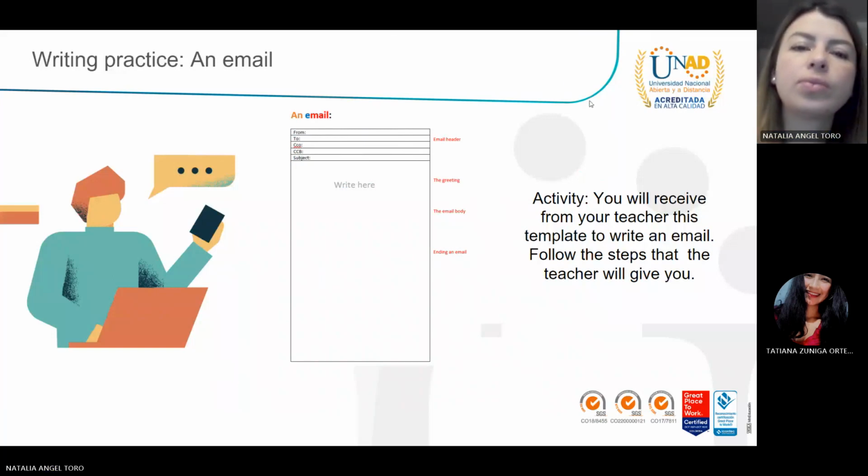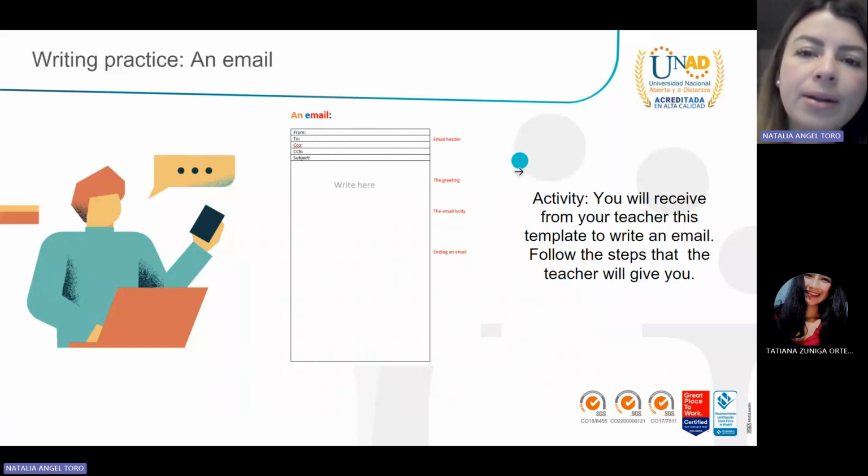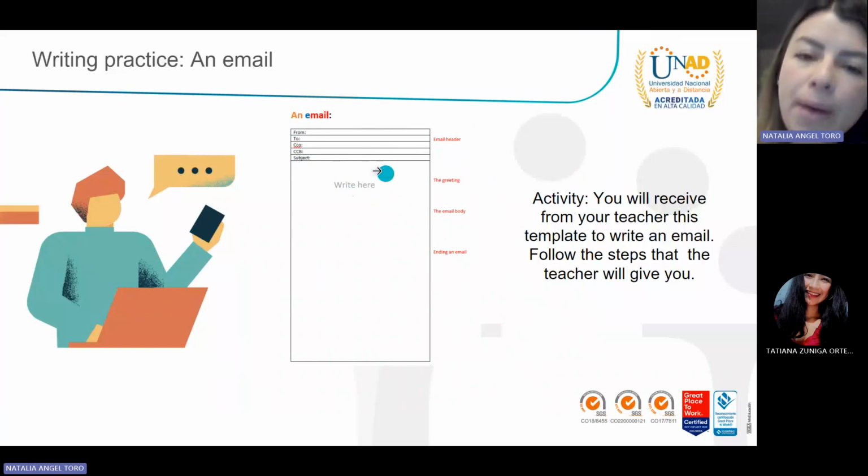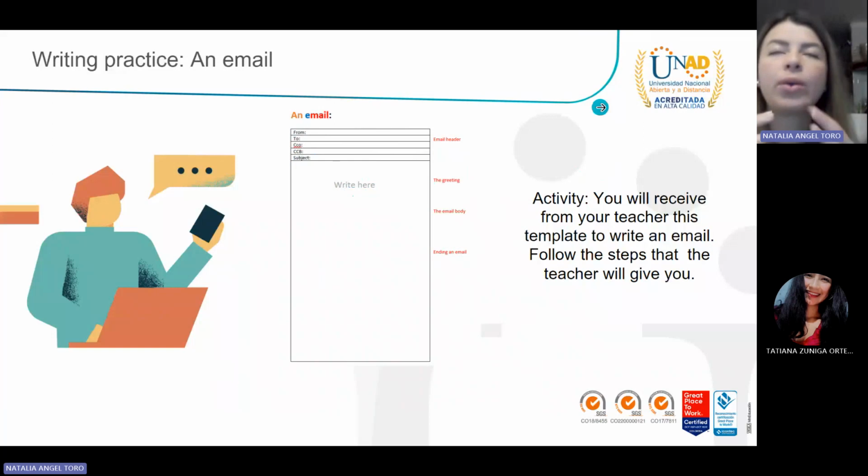So the first part is called email header. The second part has a greeting, ¿sí? Vamos a saludar ahí, is the greeting part. After that, we are going to work on the email body, and finally the ending of an email. So 4 parts that we have to do. So we are going to write step by step.